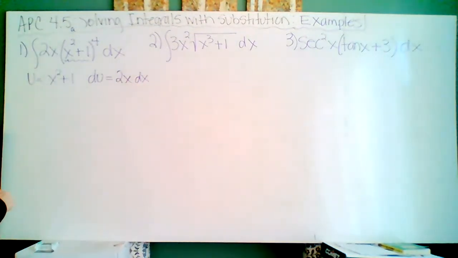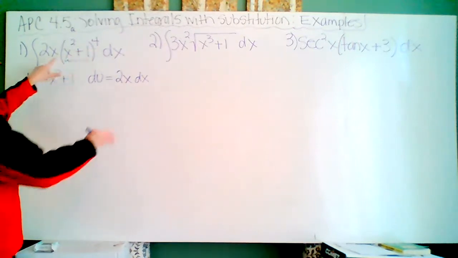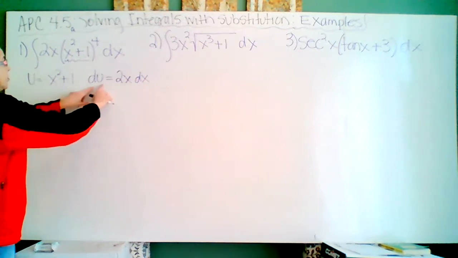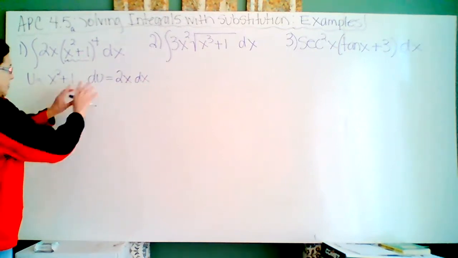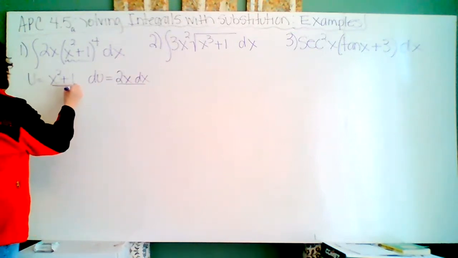Okay, so I just checked: do I have everything I need to do a complete u substitution? Yes, I do. This will be u to the 4th. My 2x dx I will replace with a du. So perfect substitution, perfect replacement here and here.